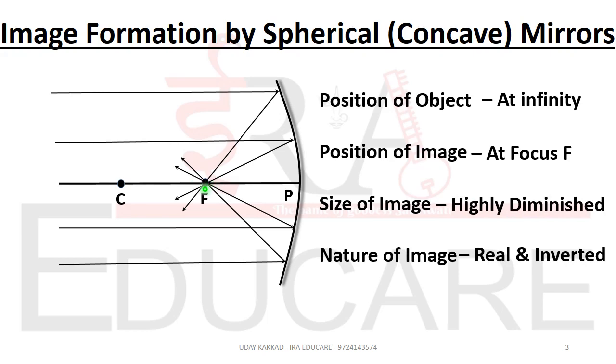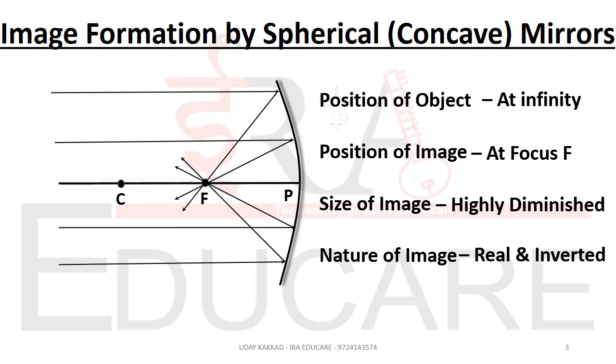Inverted means it is below the principal axis, and real means it is on the left side of your mirror, the same side as the reflected rays. When you see the example of a plane mirror, the image is formed on the right side, behind the mirror, and that is called a virtual image, right? We will see that in a few minutes.